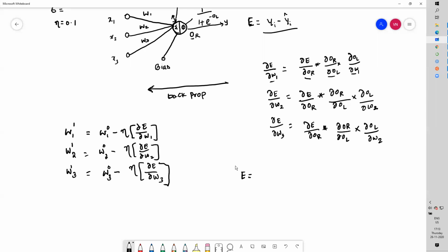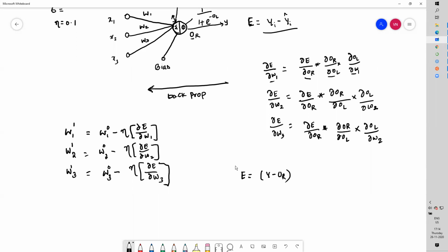E can be represented as the original value, which is Y, minus the output that is generated, OR. So this is the E value.